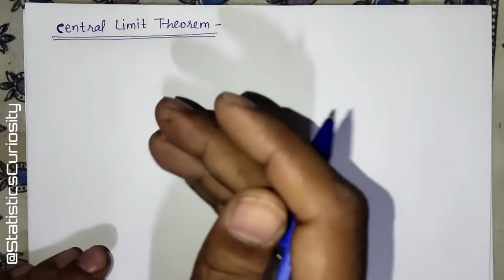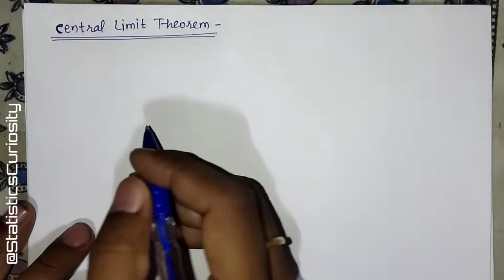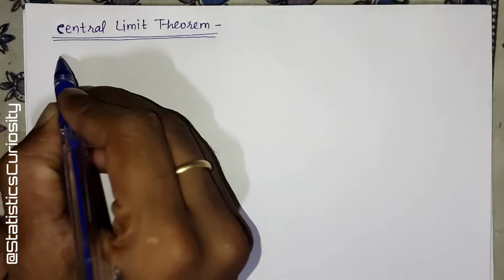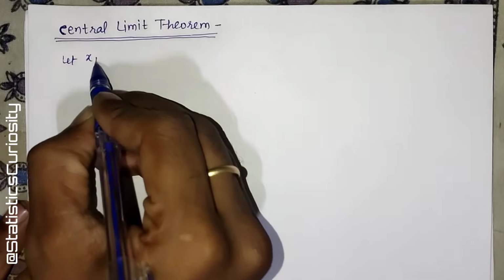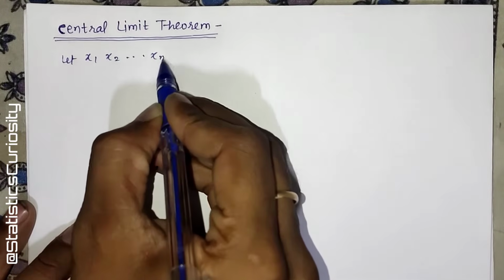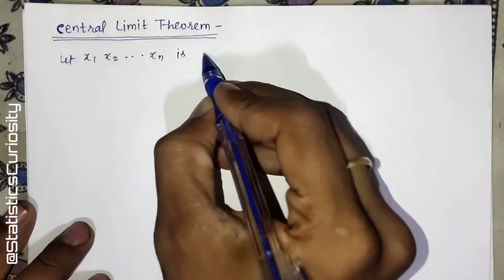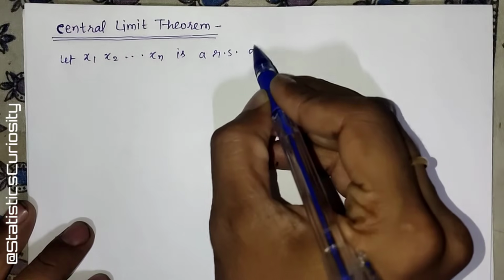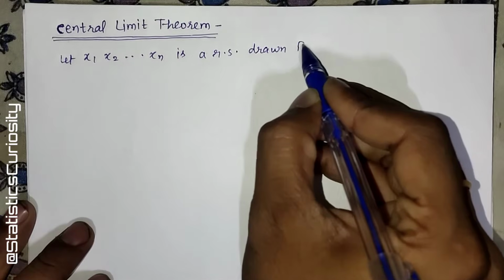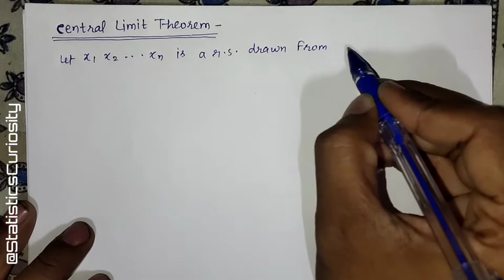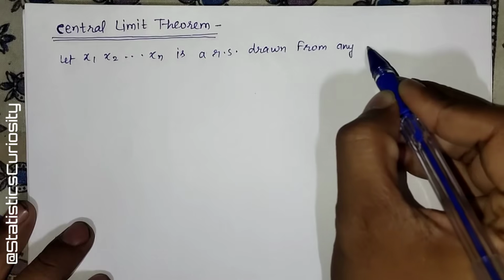First of all, let's see the central limit theorem's statement. What is the statement of the central limit theorem? Let x1, x2, up to xn be a random sample drawn from any distribution.